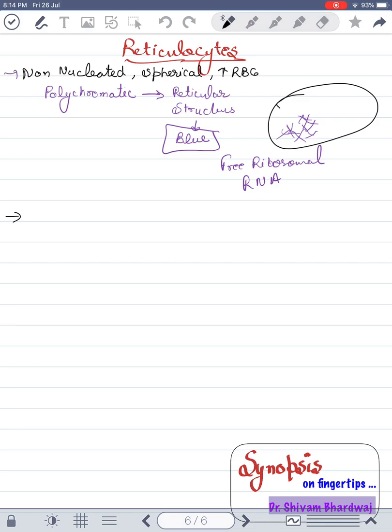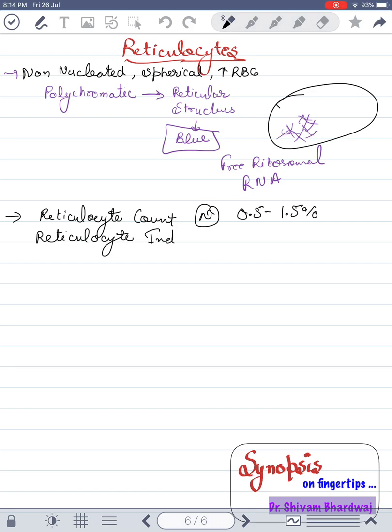These reticulocytes are an important indicator for the erythropoietic activity of the bone marrow. So there is the reticulocyte count, the normal count being 0.5 to 1.5%, and another thing is the reticulocyte index. This index normal count is 1 to 3%.